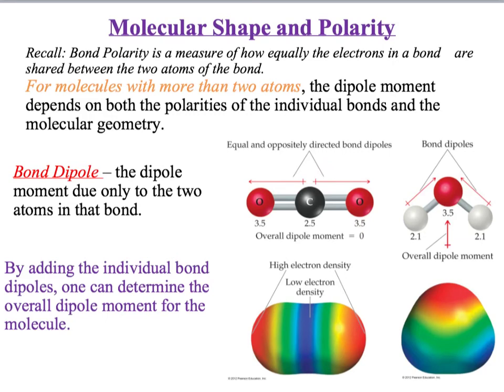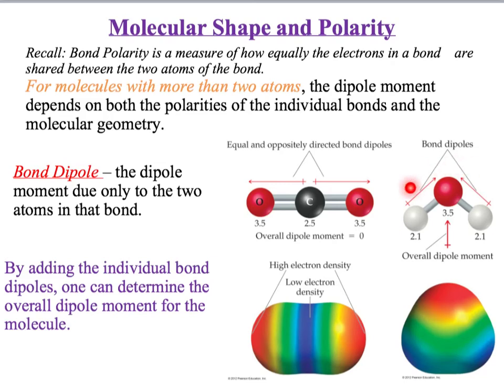One thing to note is that bond dipoles and dipole moments are both vector quantities. That means they have both a magnitude and a direction. They're pulling one way, and there's a magnitude of how hard that's pulling as well. To determine the overall dipole moment, you need to account for both.